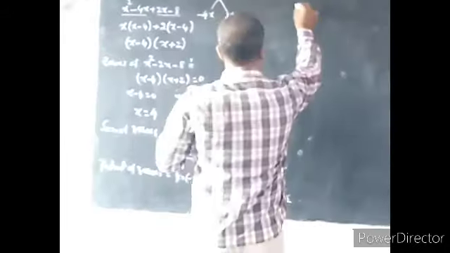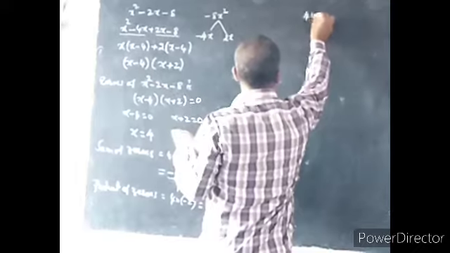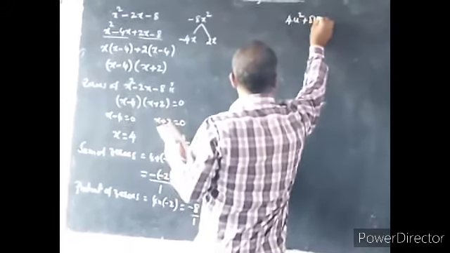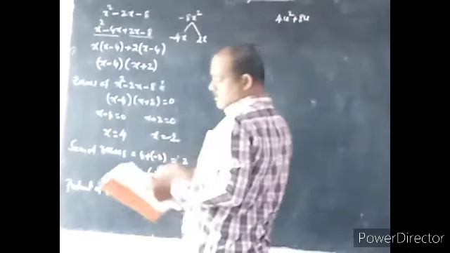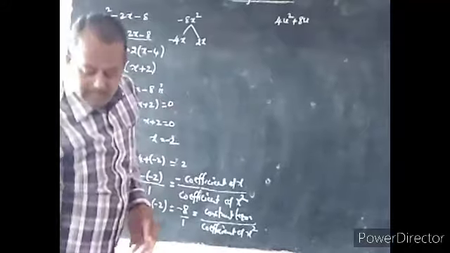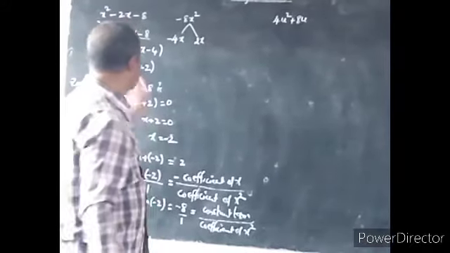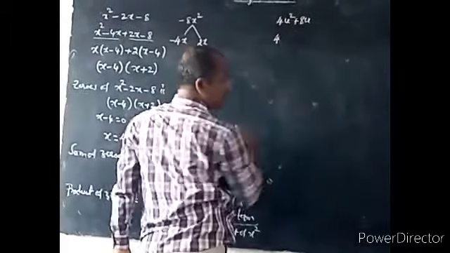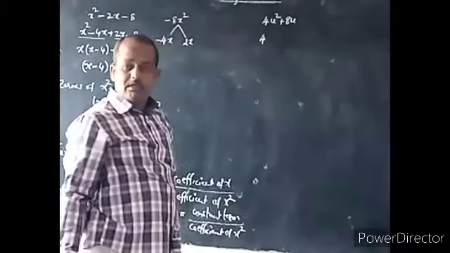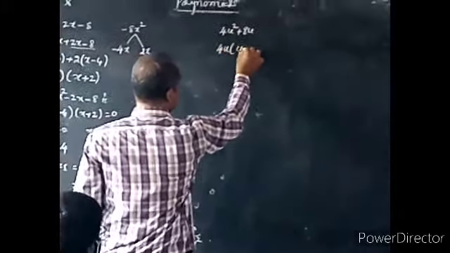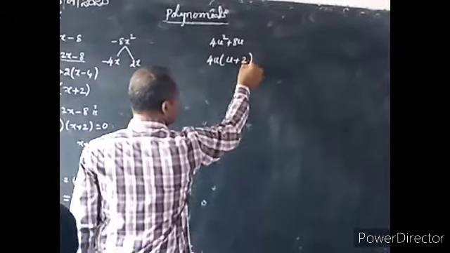Next question: 4u square plus 8u. In this, what are the zeros? 4u is common in both. Now it becomes 4u into u plus 2.